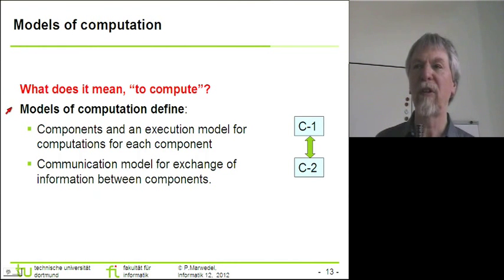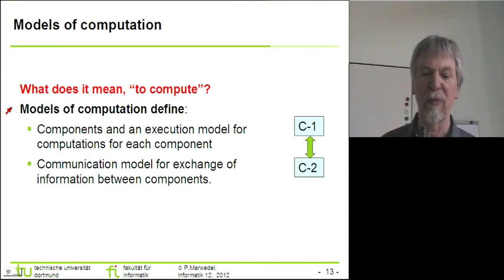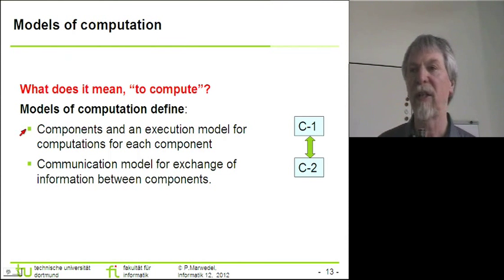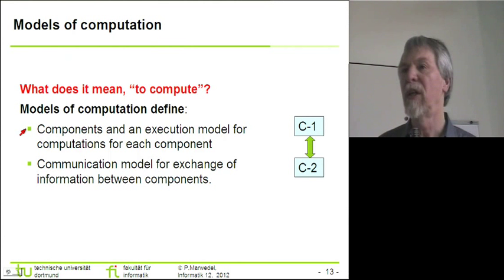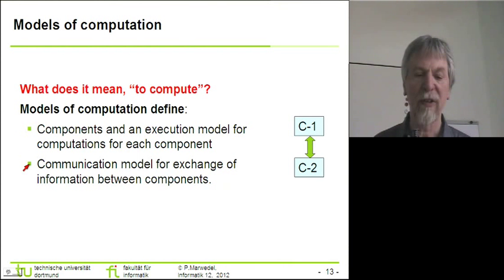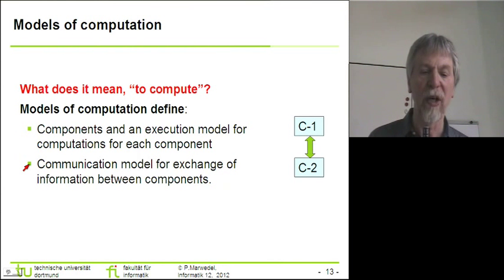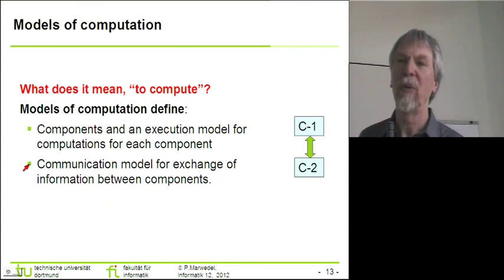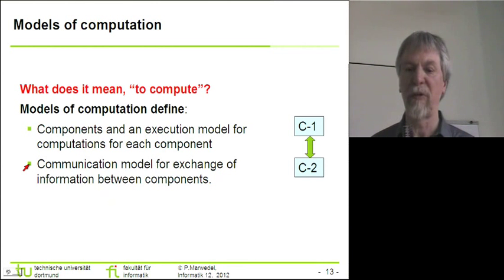If you look at the literature, you will find that people are referring to two things when they talk about models of computation. The first is the component and an execution model for the different components that we have in our system. The second is the communication model, which describes how we communicate between these different components.